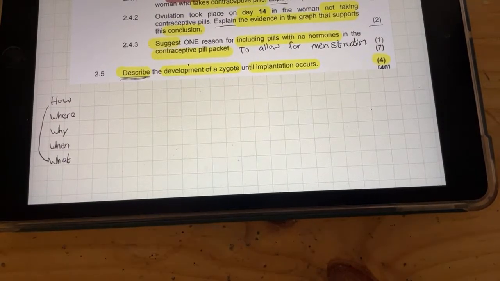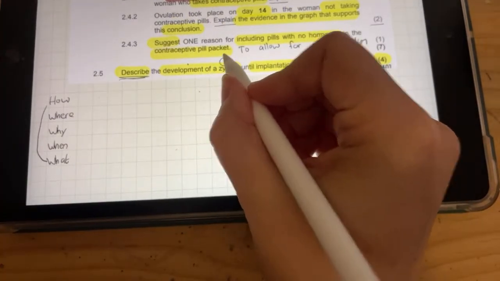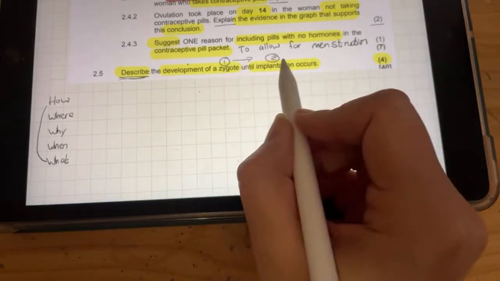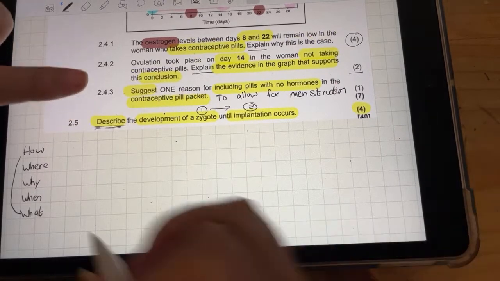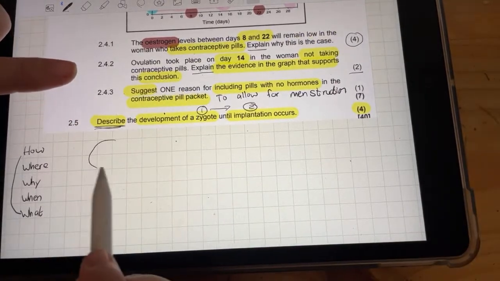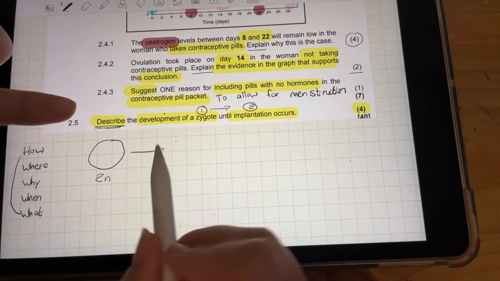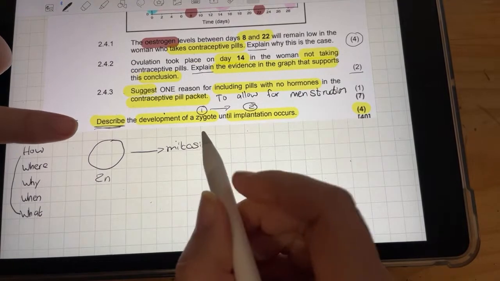So they're sort of interchangeable. Now, this is for 4 marks. So we need to say 4 things. So we need to start at zygote and we need to end at implantation. So that's point A to point B in our answer, right? So here we go. A zygote is a diploid cell. Now it needs to undergo mitosis, right?